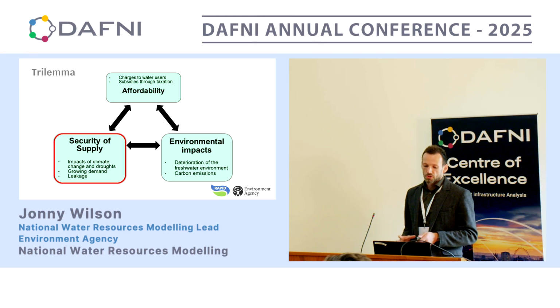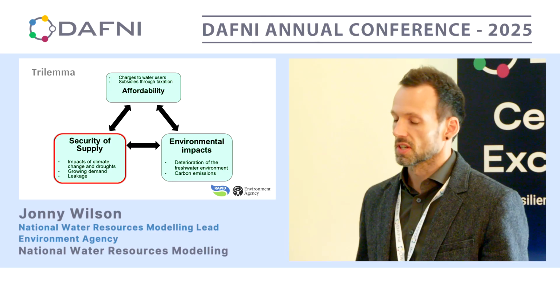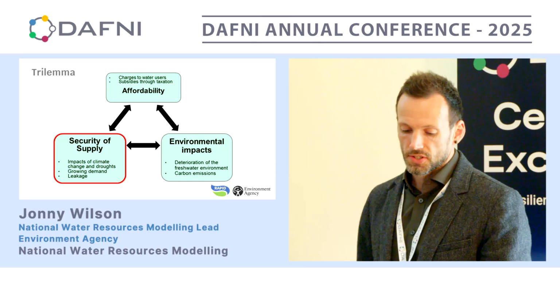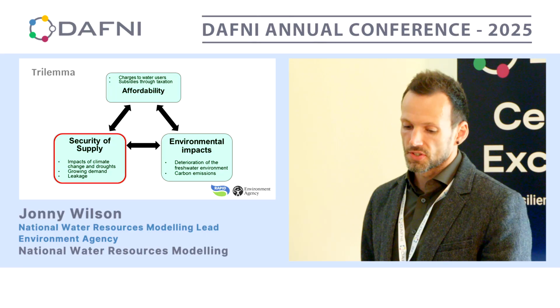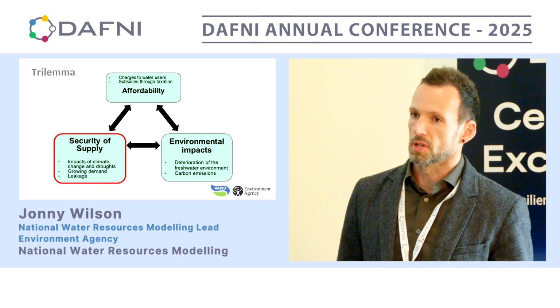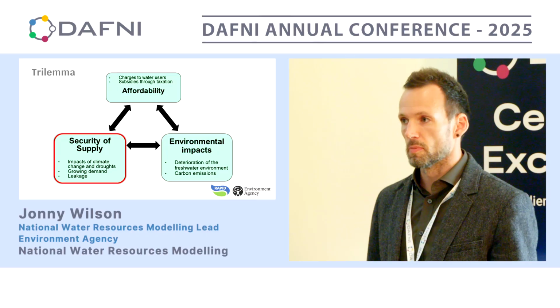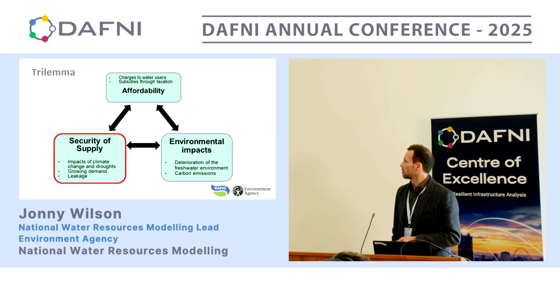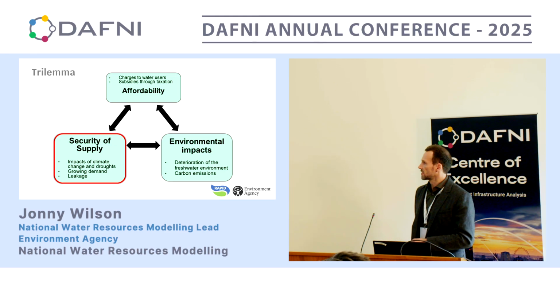What that boils down to is the age-old process of trade-off, which is intrinsic to the water resources planning problem, and you can represent it as a trilemma, which is shown here on the slide. There's the trade-off between affordability, making sure that water company plans and the options are affordable for bill payers and represent good value for money, so that's the remit of Ofwat. Then making sure that whatever interventions we put into play don't damage the environment or ideally would improve the environment, so that's the remit of the environmental regulator.